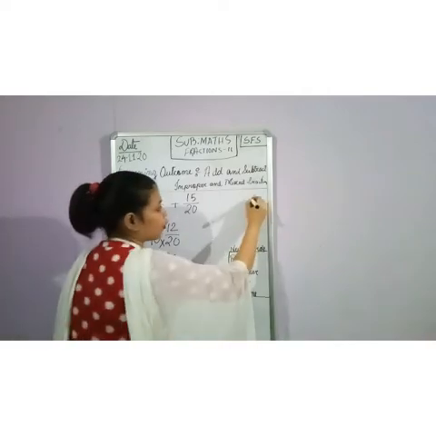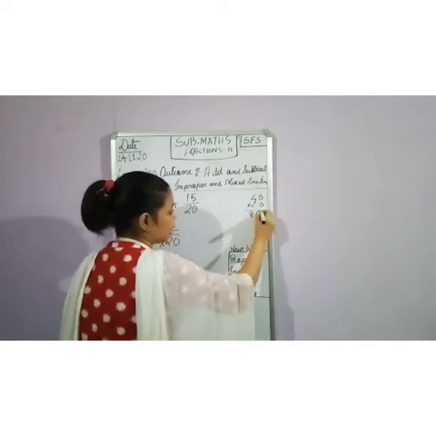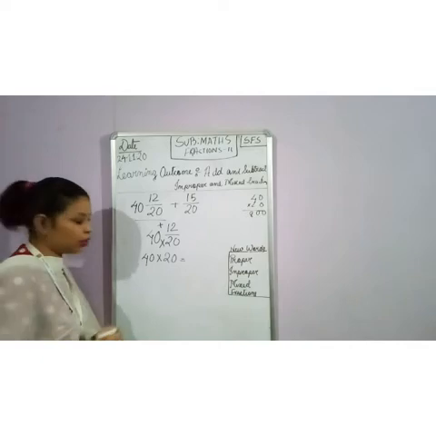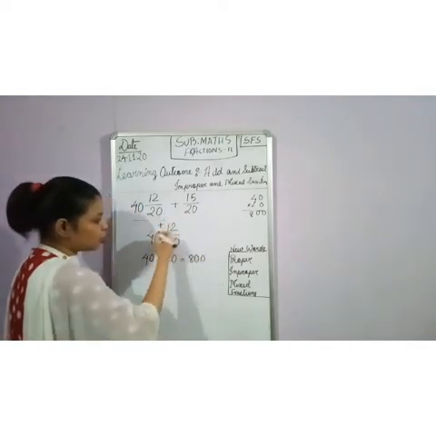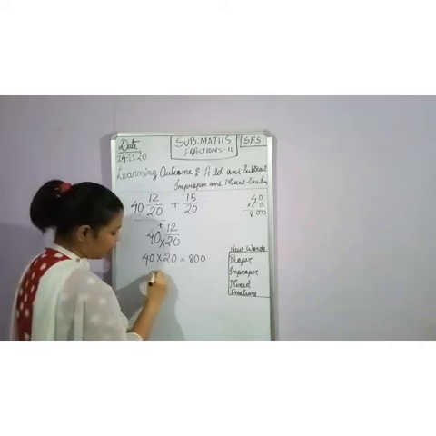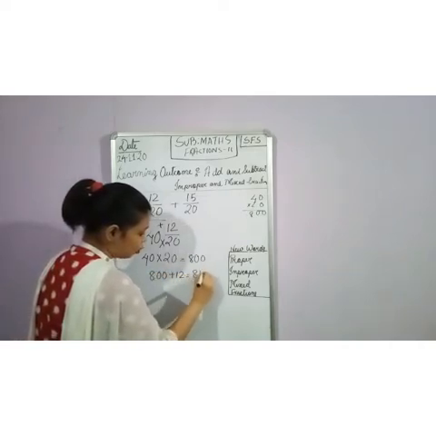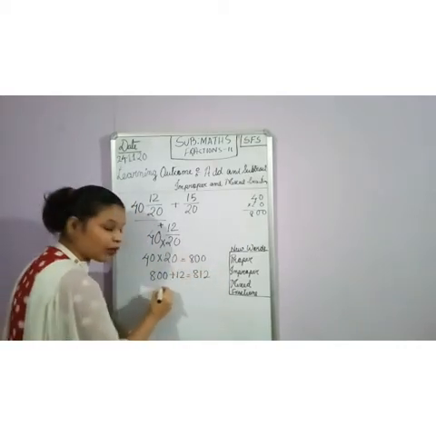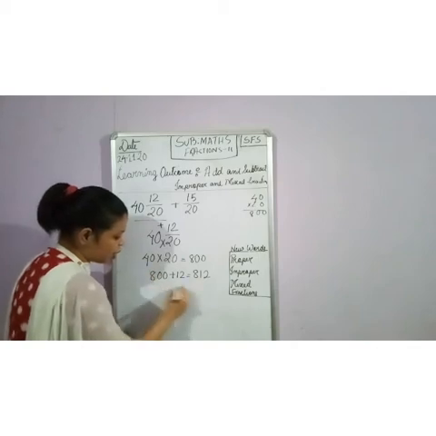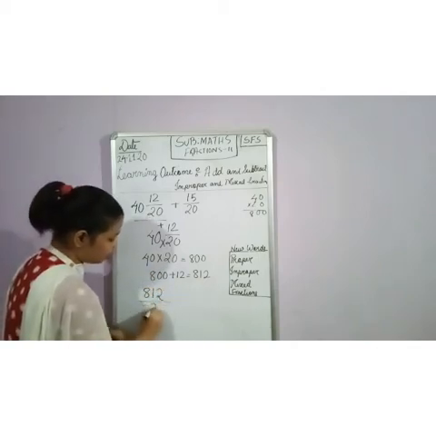How much is it? It is 800. And the numerator here is 12, so 800 plus 12 equals 812. Now we write it in terms of fraction, so the answer will be 812 by 20.